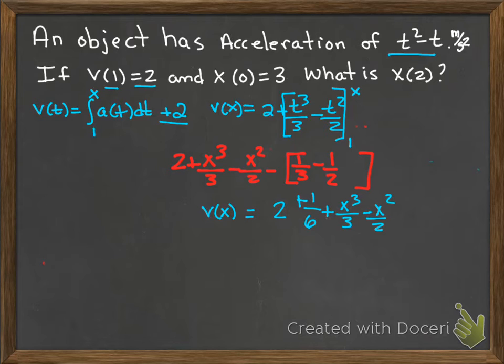Well, if I want to then go from there to position, my position at any time t, we'll try to end up with t as our variable, so we'll say x is going to be the dummy variable here.